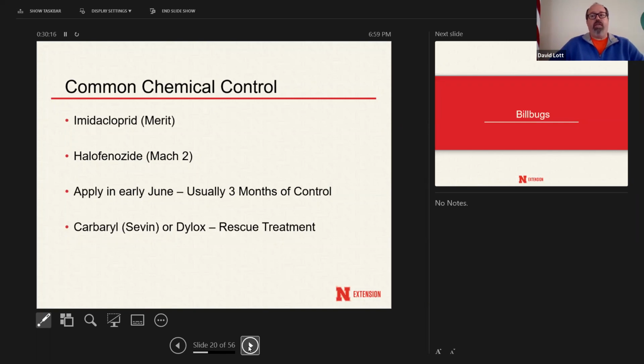But unless you know you have that creature out there doing damage in September in high enough numbers, maybe you don't have to worry about that one as much. Carbaryl, which is the chemical name for Sevin, which is the trade name, or Dylox, is a product. Both of those are the rescue treatments that you put on in July.